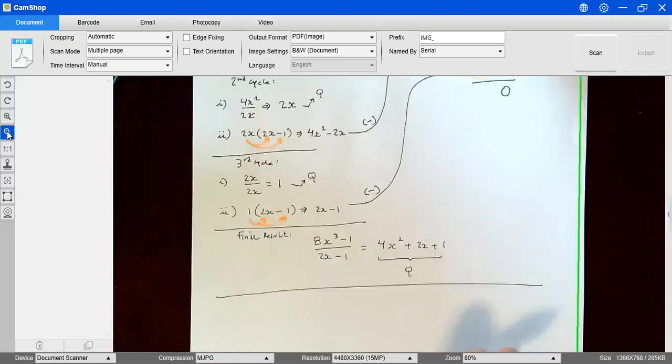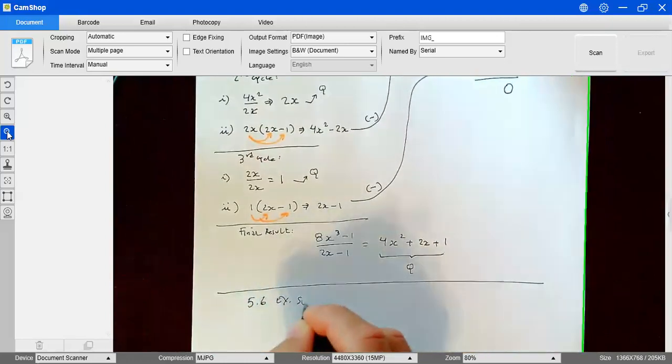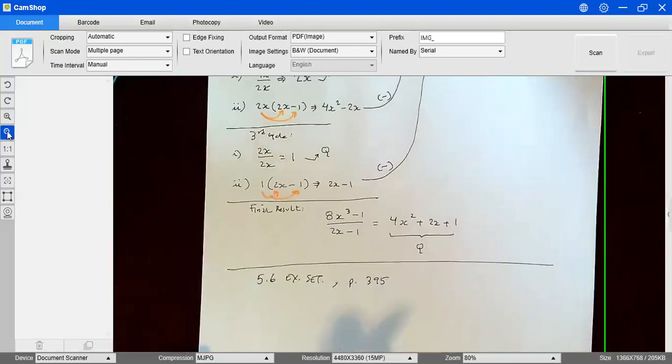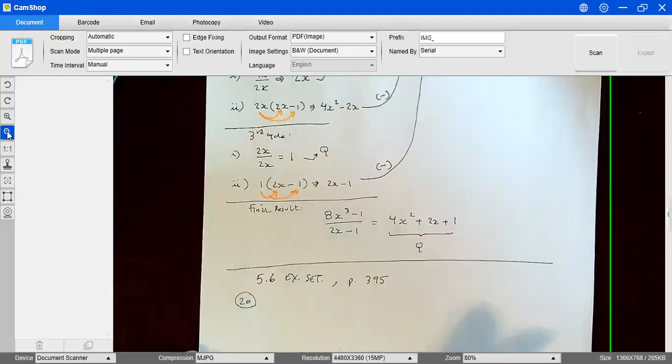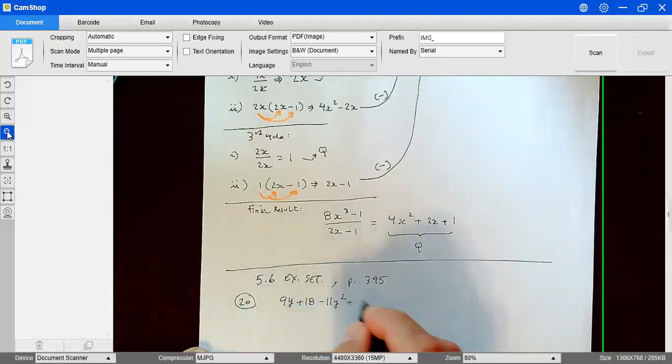So you're going to solve a couple of problems from 5.6, exercise set on page 395. So you're going to solve problem 20. It's 9y plus 18 minus 11y squared plus 12y cubed.